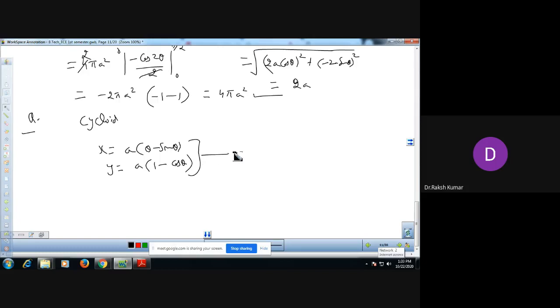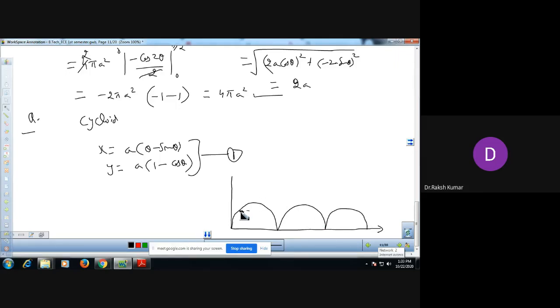You can name it as equation number 1. And cycloid means, what will be the shape of this curve? The curve will be like this. It will make semicircles above the horizontal axis. So this is the shape of this curve.